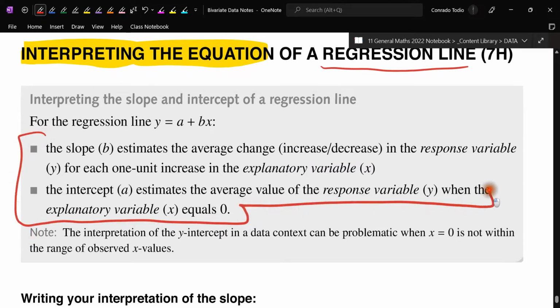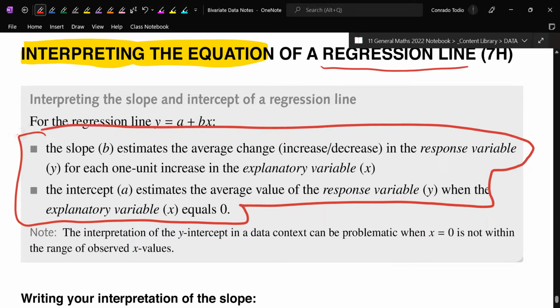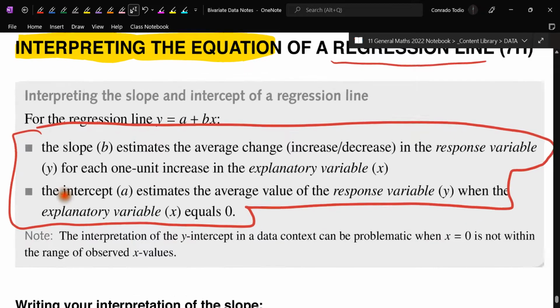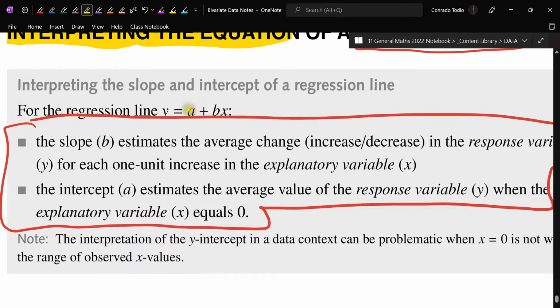So here is basically the way that you need to interpret this. There's two things you have to interpret. You have to interpret A, which is going to be this sentence, and you have to interpret B, which is going to be this sentence.